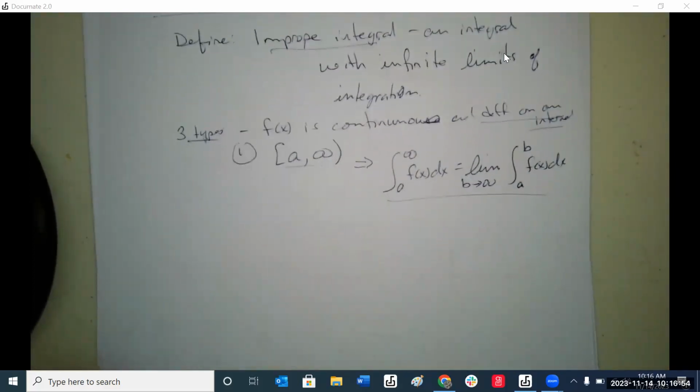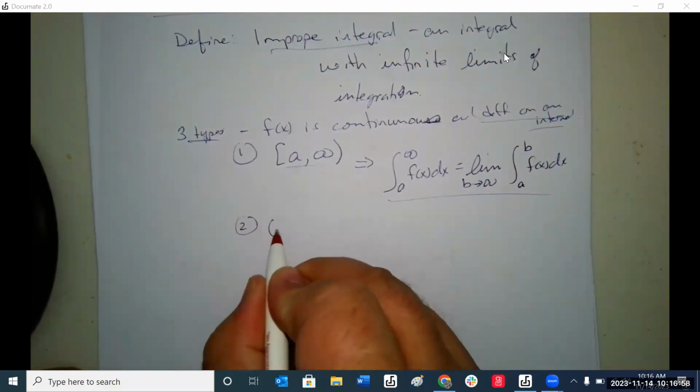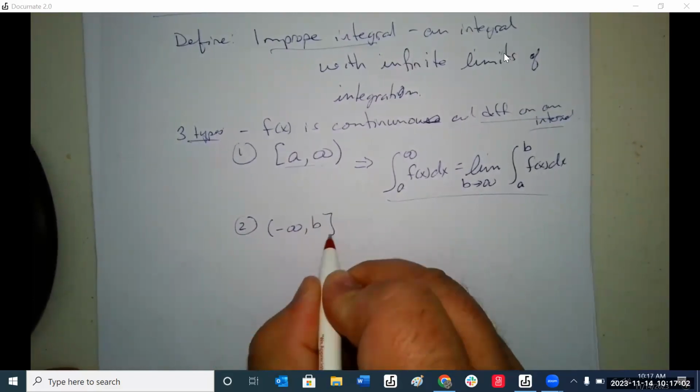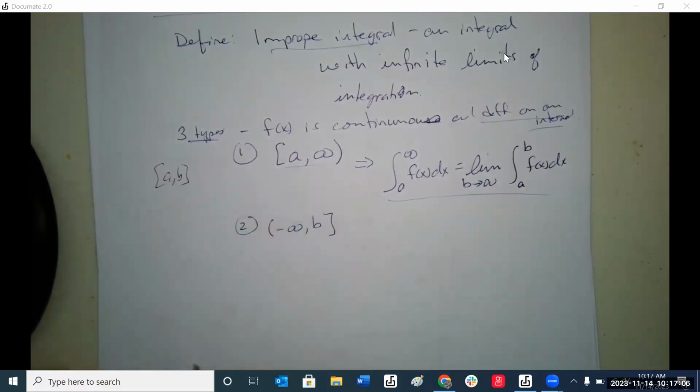That's if we're going from some value to infinity. Let's say we go from negative infinity to some value. Because we're looking at a to b.